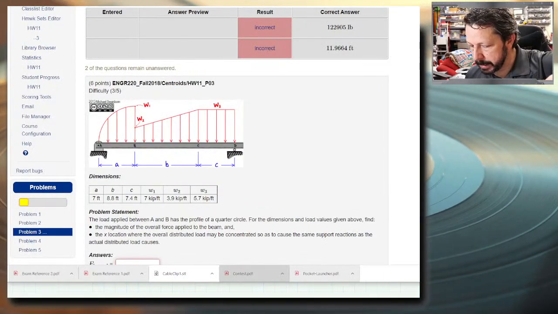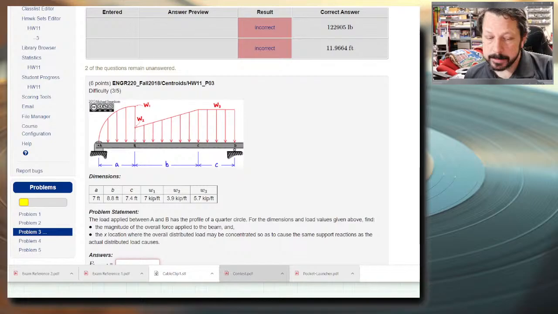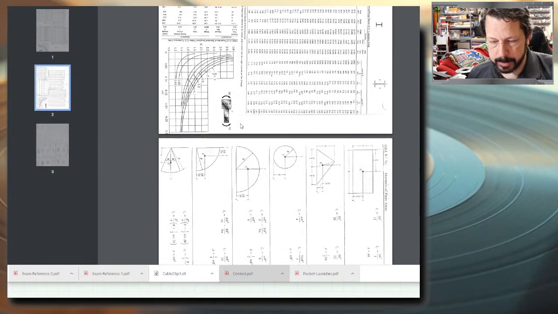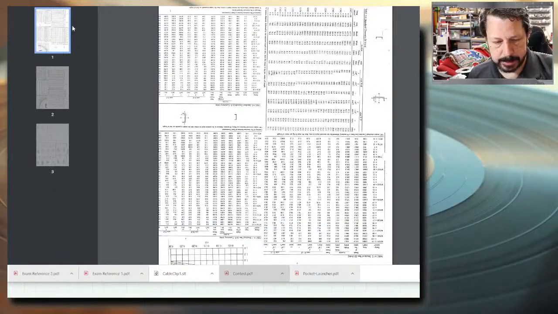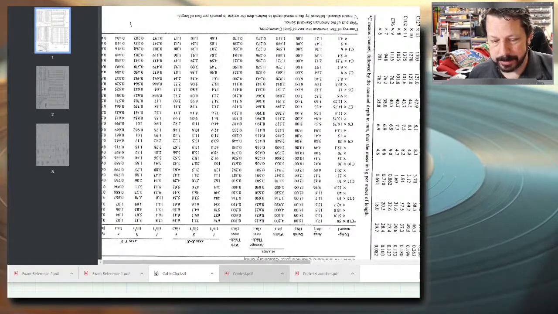Oh yeah, you will be given the centroid formulas. Well, you're not given the formulas. What you have is you can use these exam reference 1 and 2 sheets, which are in Moodle. You can print them out separately, or you can just look at them on your computer screen. It's actually kind of nicer on the computer screen because you can zoom in and actually read stuff, whereas if you print them out, it's kind of small.